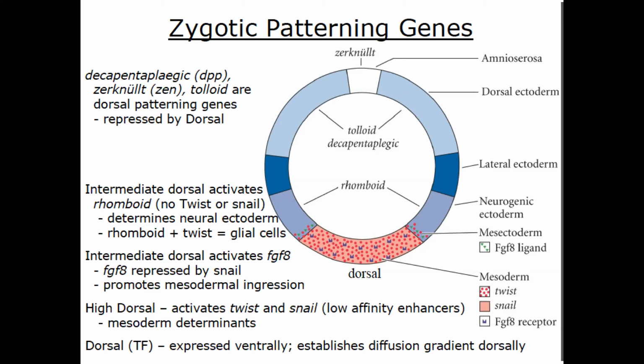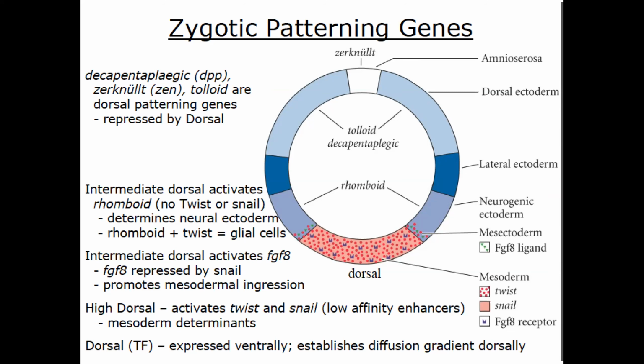The gradient of signaling refers to the presence of pipe and subsequent activation of Spätzle, and how it diffuses in the vitelline membrane to give rise to active toll signaling, resulting in gradients of toll activation.